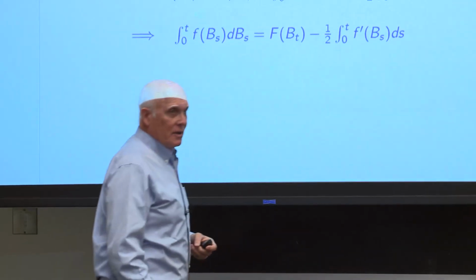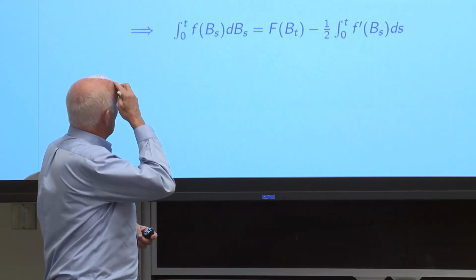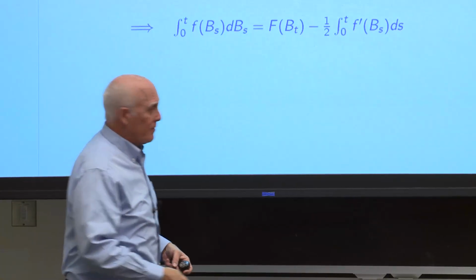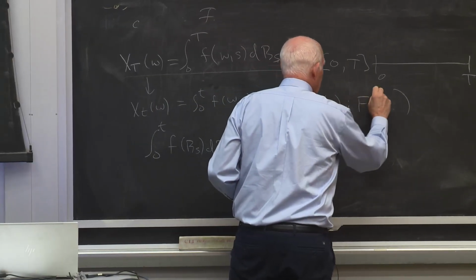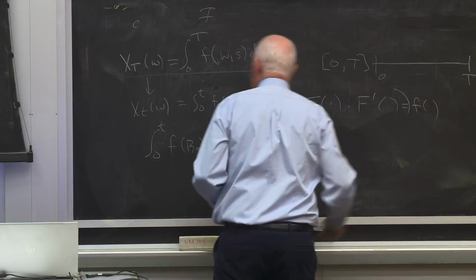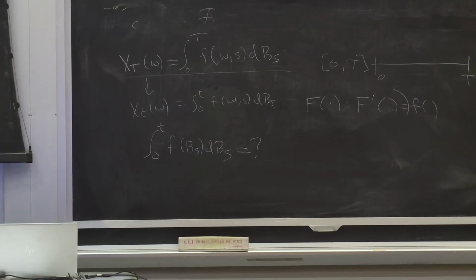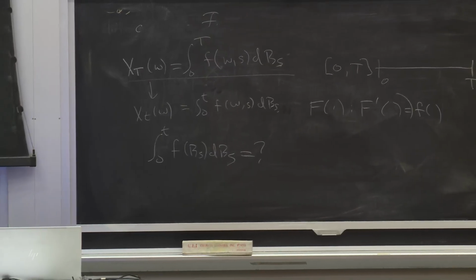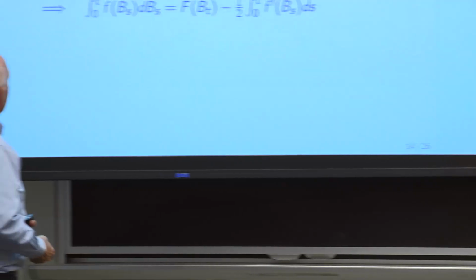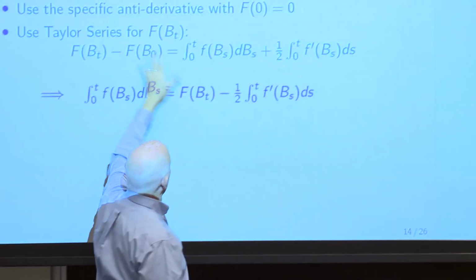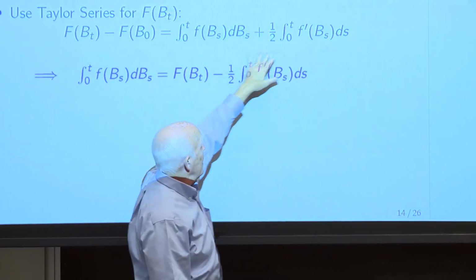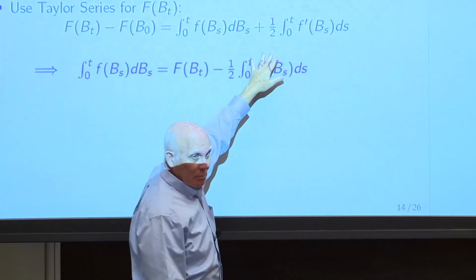If we have the antiderivative of little f, so that the first derivative of capital F, F prime, is equal to little f, and if we choose the antiderivative with F of 0 equal to 0, then we get F of Bt minus F of B0 is equal to the integral of the derivative of F dBs plus a half the integral of the second derivative of capital F, which is simply f prime.